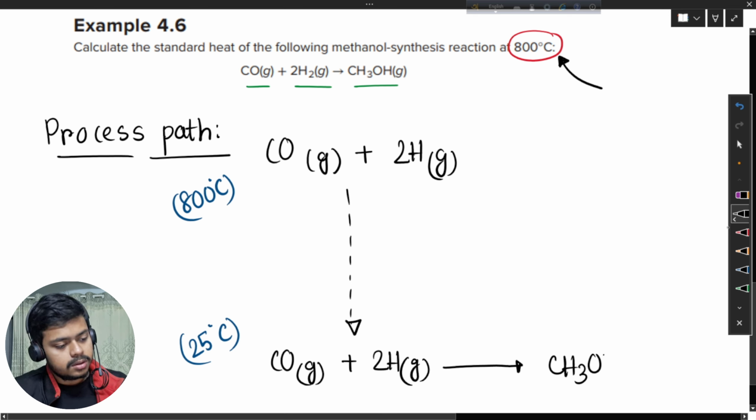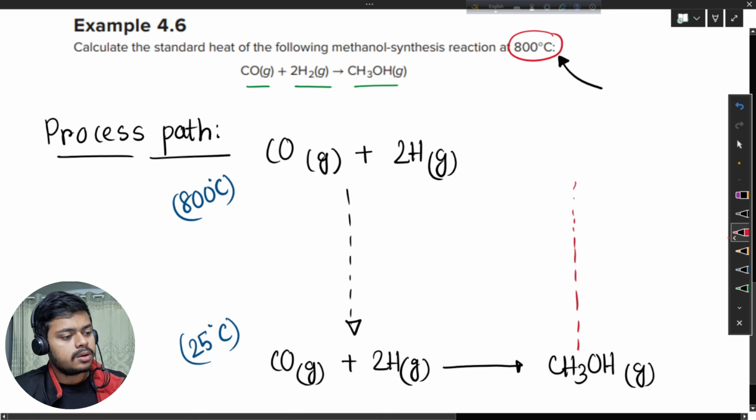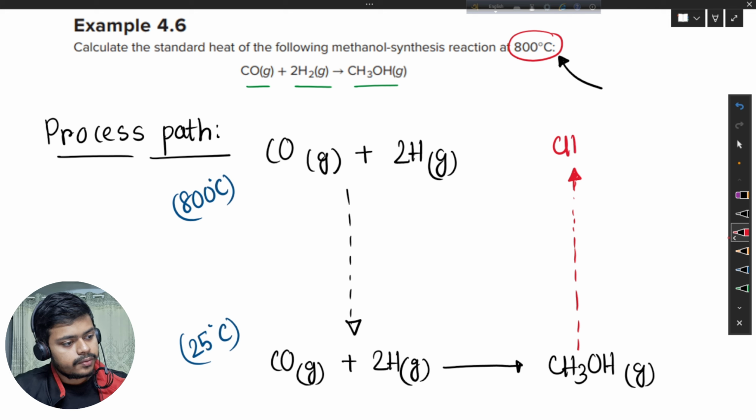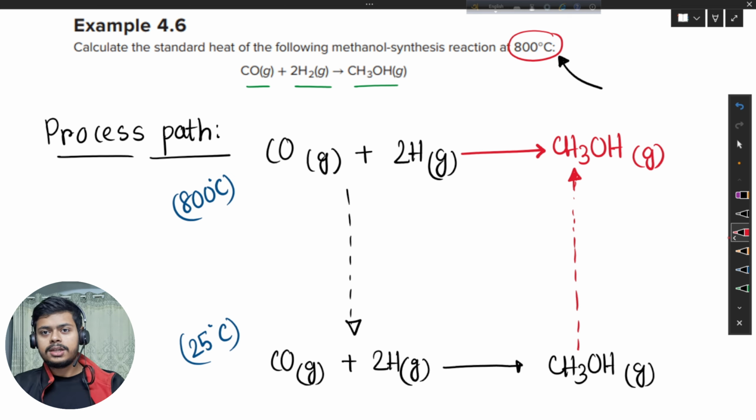That gives methanol in its gaseous state, and then we're going to elevate the temperature of the produced methanol up to 800 degrees Celsius. And then our proposed chemical reaction is actually complete.